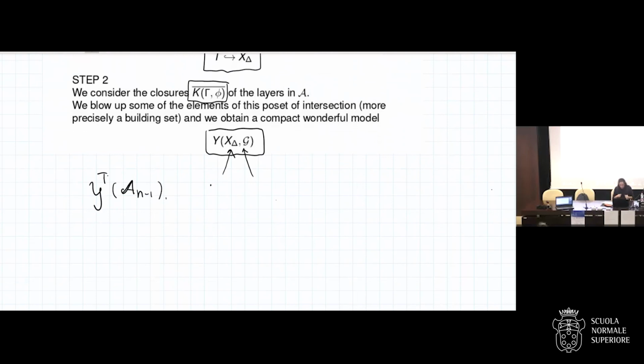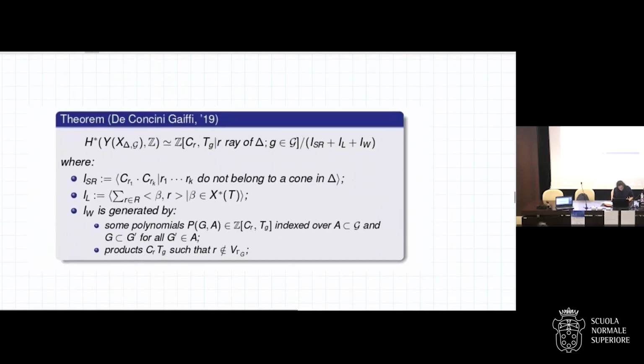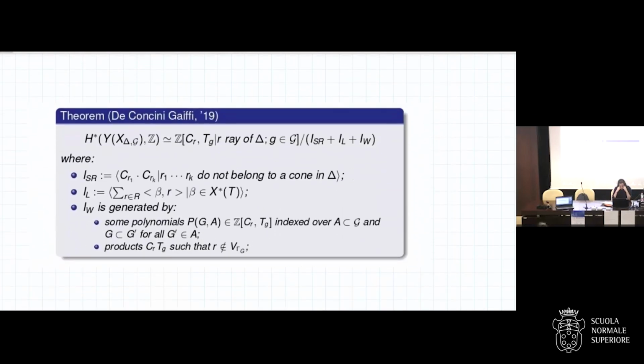Now, what we want to reach is a description of the cohomology ring and a basis for this variety. A description of the cohomology was given by De Concini in 2019. Again, we have a certain polynomial ring and a bunch of relations, and one can write a bunch of ideals.